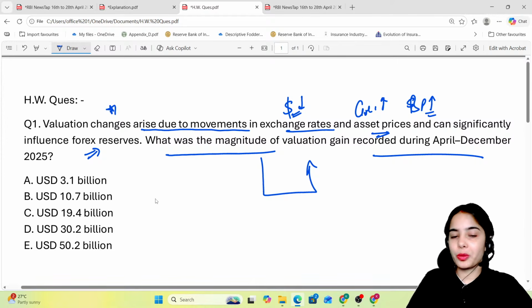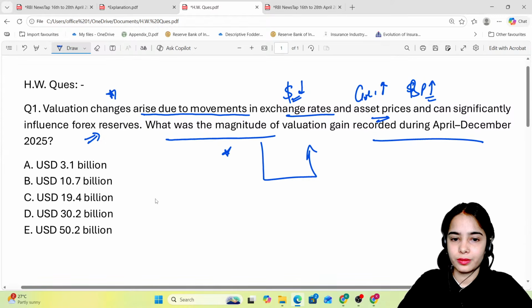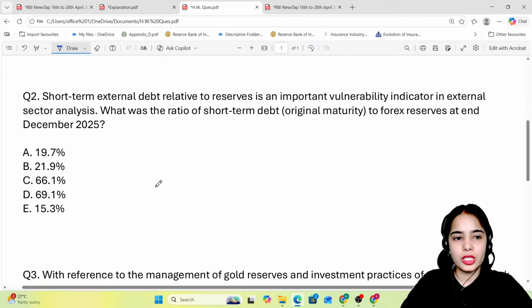Here the question is about the valuation gain. What was the magnitude of the valuation gain that was recorded during April to December 2025? So this is the question that you have to answer first. The second question is in front of you.